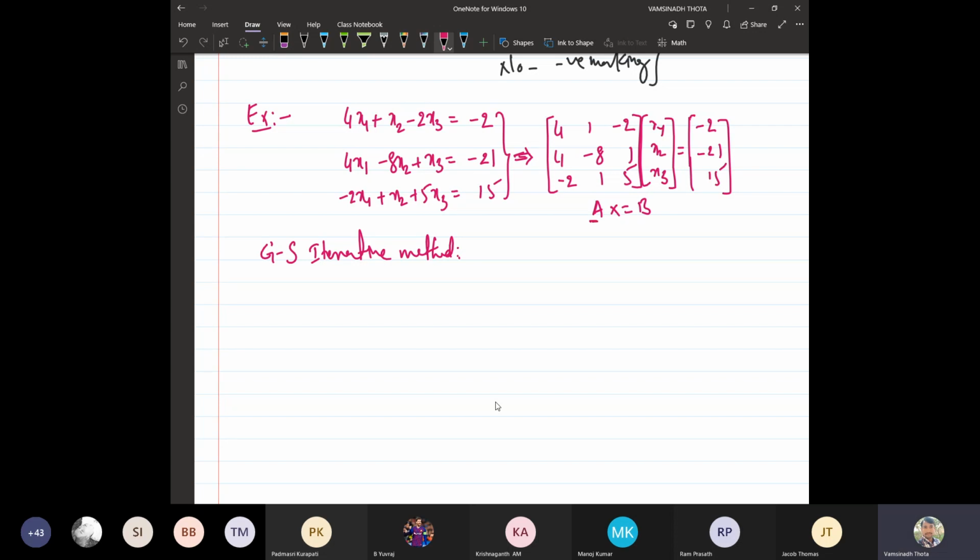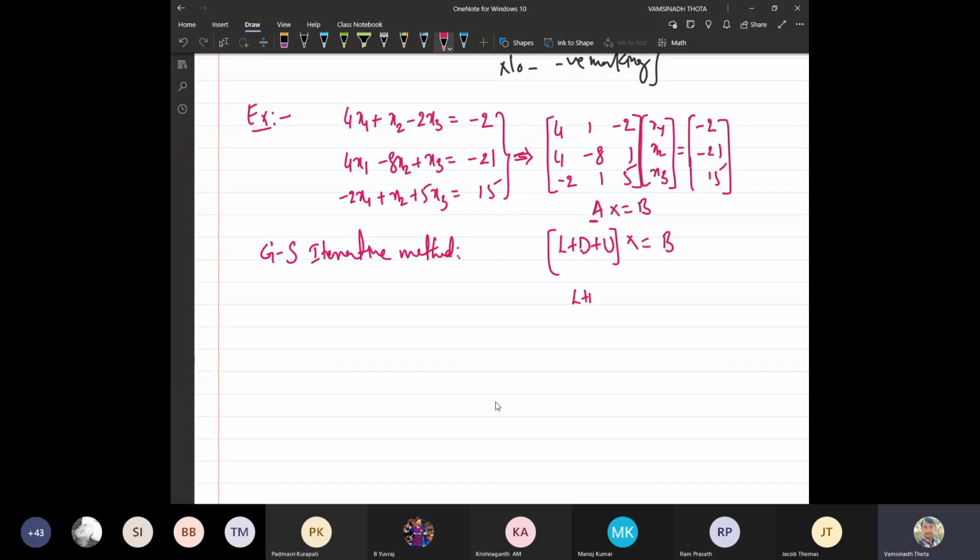Generally the coefficient matrix A can be written as (L + D + U) times X is equal to B, because the Gauss-Seidel method is a successive displacement method. Only the upper triangular part, meaning the previous unknowns, will be changing every time.